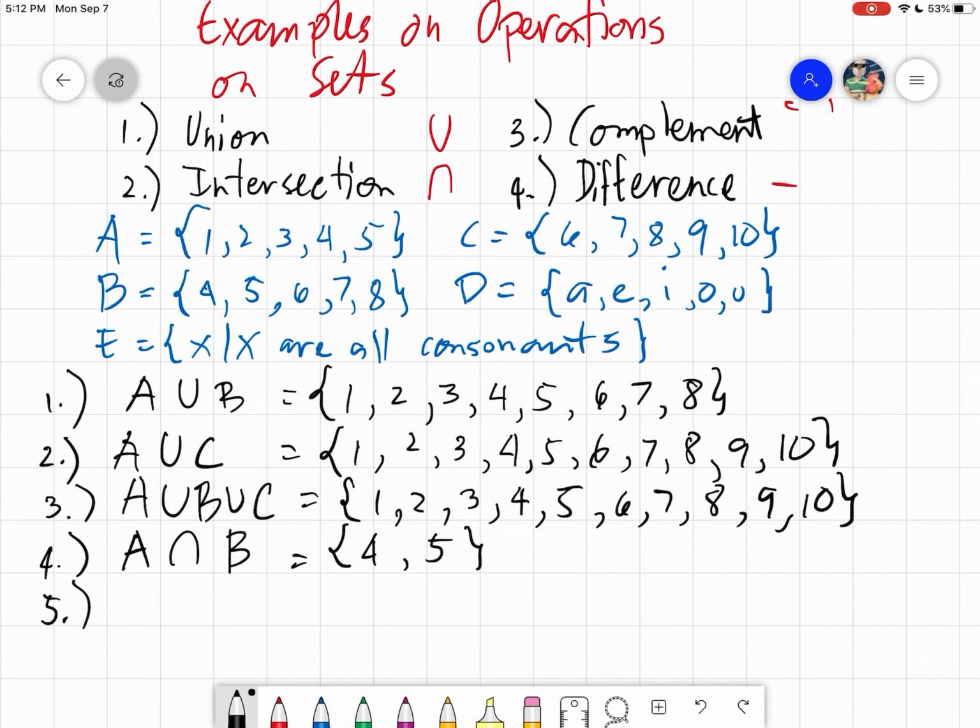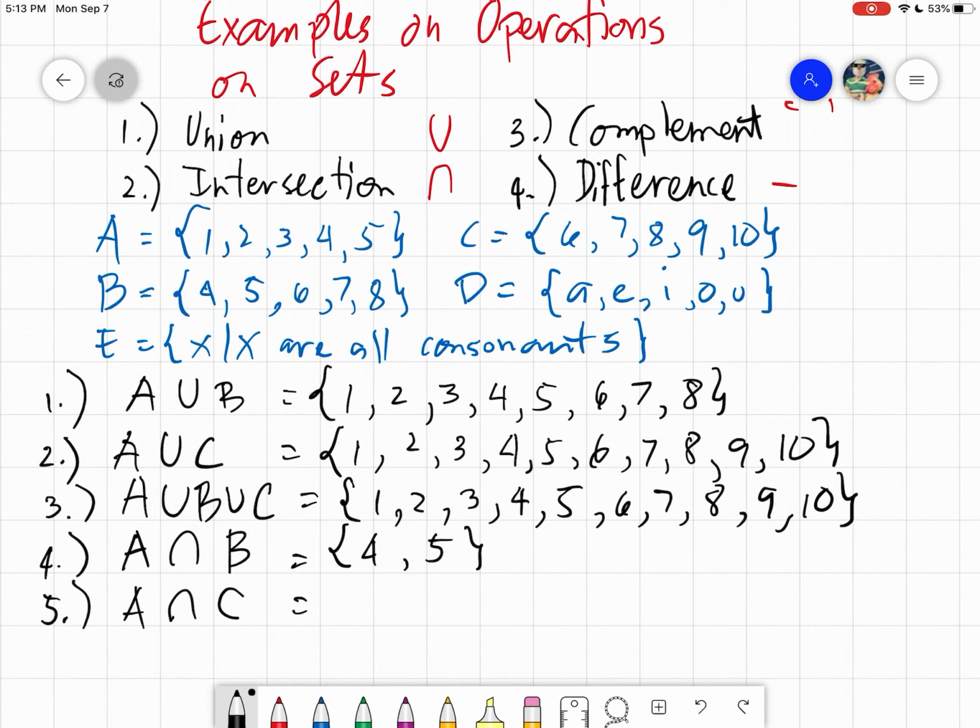Next, let's have another example. Say we are looking for A intersection C. In this case, I need to look for the elements that are similar between A and C. So let's check. The elements of A are 1, 2, 3, 4, 5. The elements of C are 6, 7, 8, 9, 10.